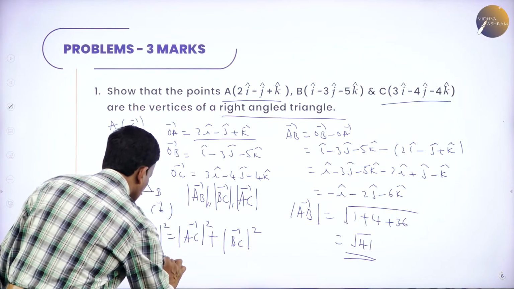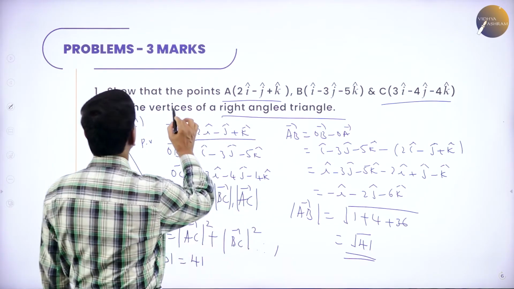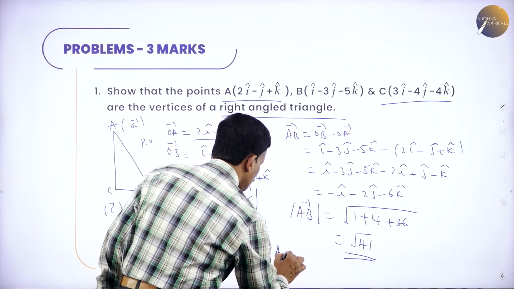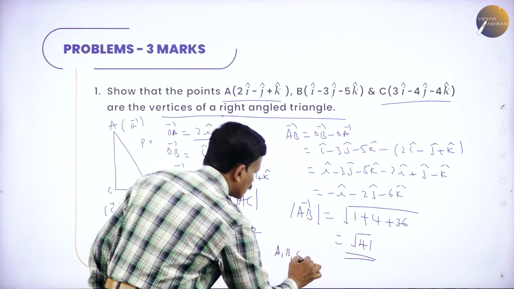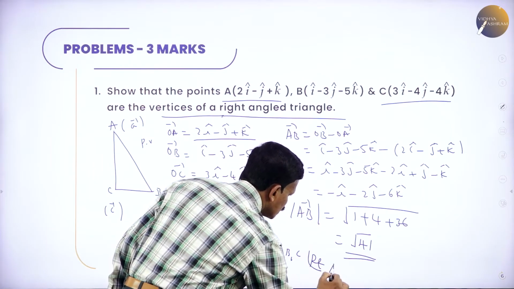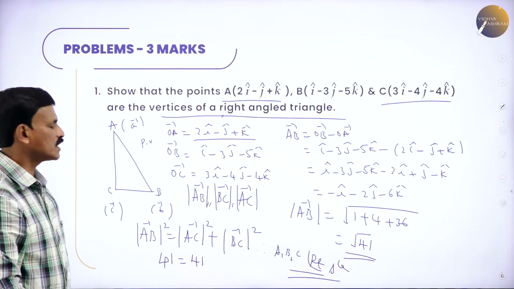That is 41 is equal to 41. Therefore the points A, B, C are the vertices of a right angle triangle.